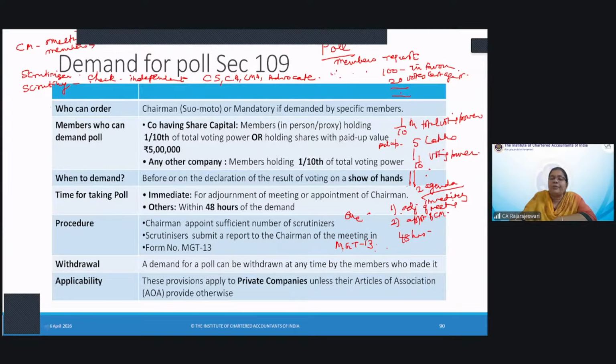You can also withdraw the poll at any time. Suppose I, as a member, have demanded a poll, I can also withdraw it at any time. That is also possible. These provisions apply to private companies unless their articles provide otherwise. Otherwise, it is also applicable to private companies, right?